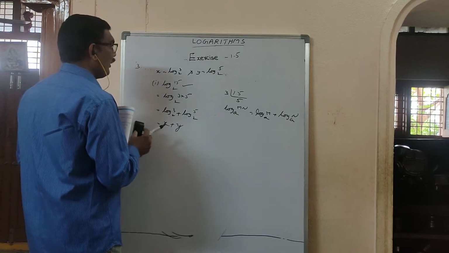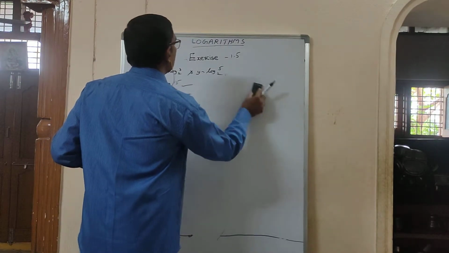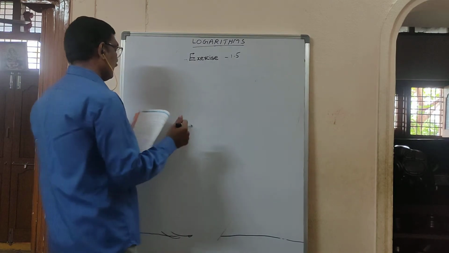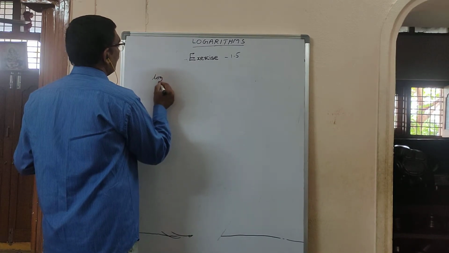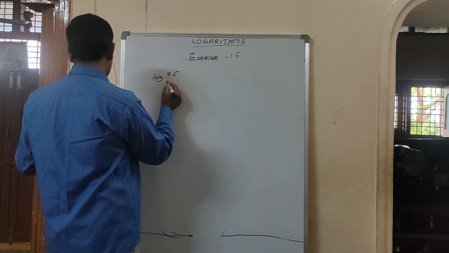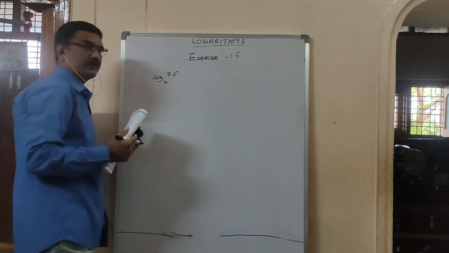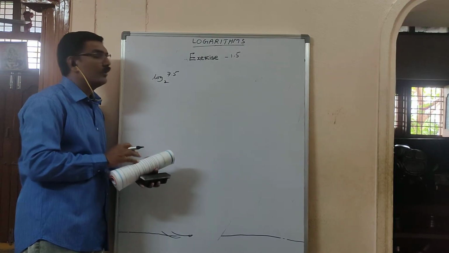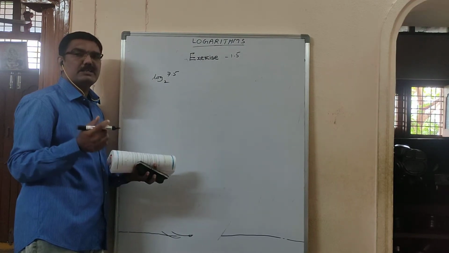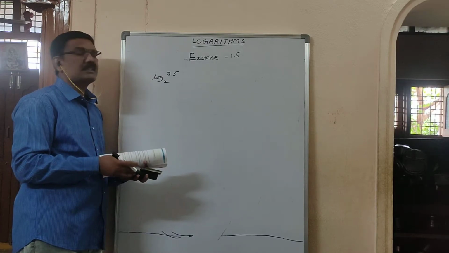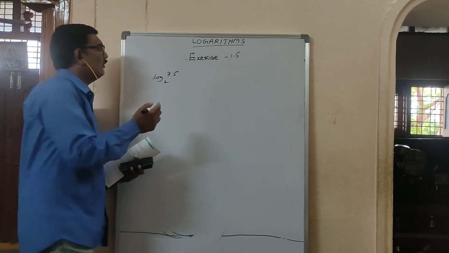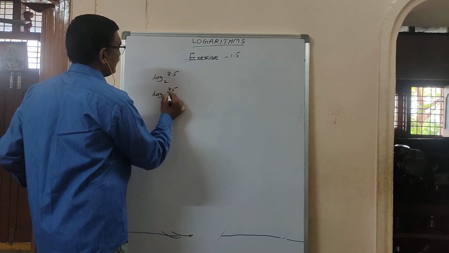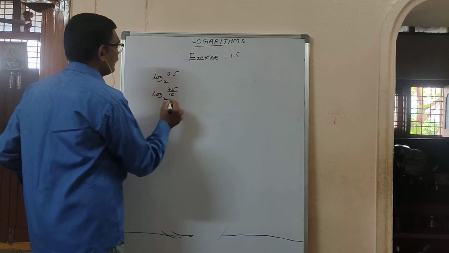Then we will go for the second problem. In this, the second problem is log 7.5 to the base 2 is given. Log 7.5 to the base 2. What you have to do? You have to express in terms of x and y. So log 75 by 10 to the base 2.